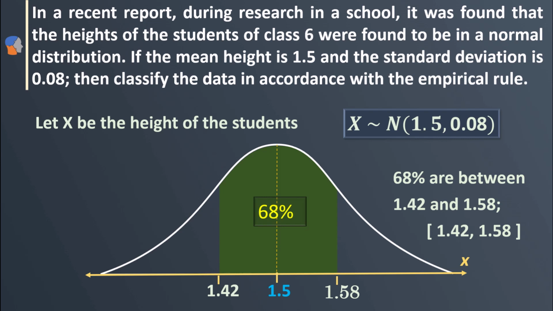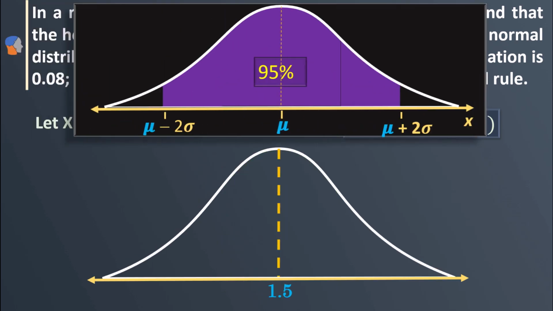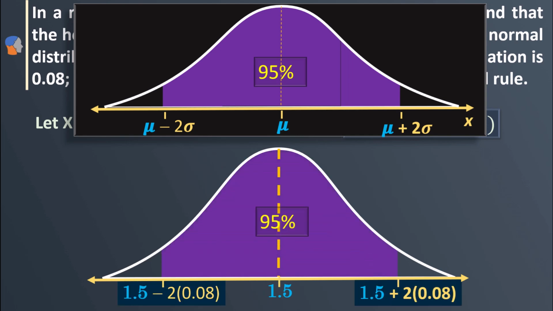Right. Let me apply the second part. The second one says 95% within 2 standard deviations. That means between mu minus 2 sigma and mu plus 2 sigma. We know mu is 1.5 and sigma is 0.08.